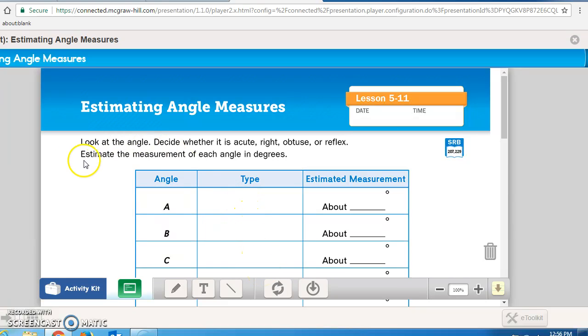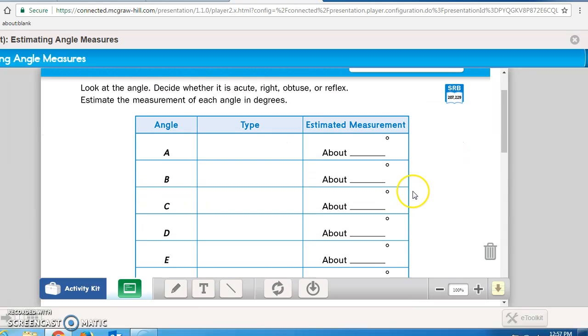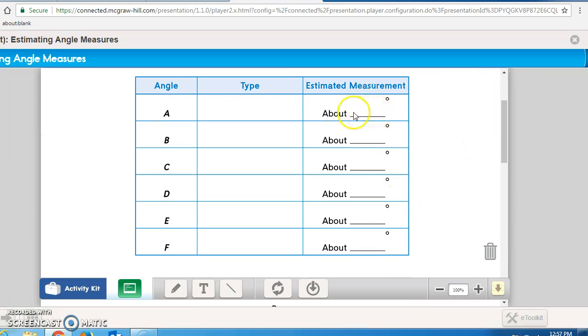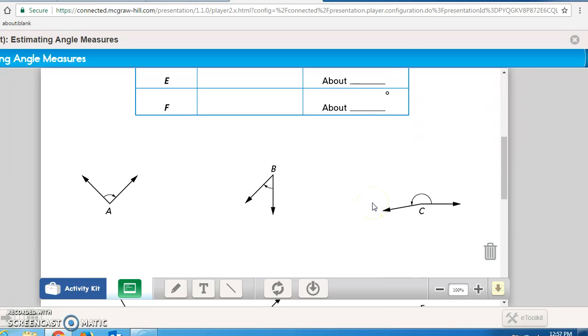And then you need to estimate, guess on what I told you earlier about the degrees, and you need to write that here. So if you need to rewind this recording to make sure that you're understanding again what the angle measurements are or about what degrees they are, you may do that. If that doesn't help, get out your student reference book and take a look at those.